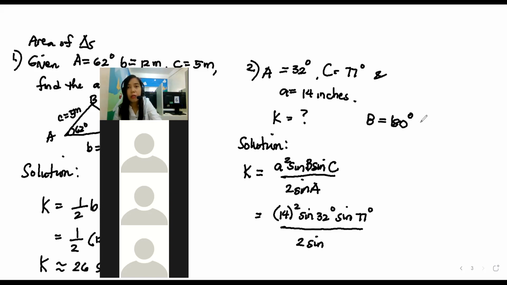So 180 degrees minus 32 degrees minus 77 degrees. So therefore, angle B class is 71 degrees.